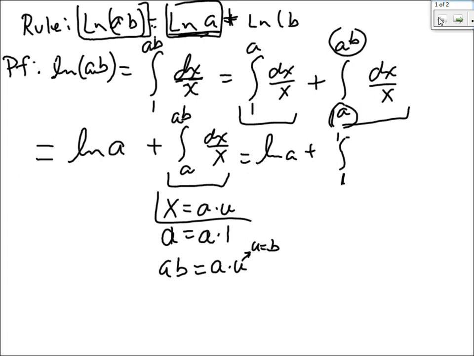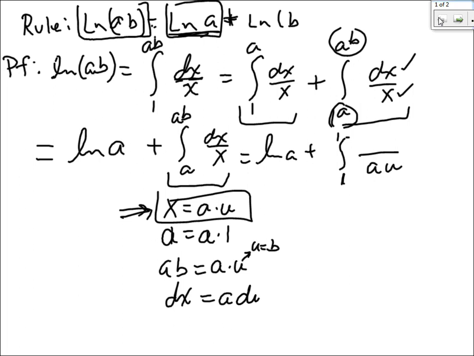Now let's look at what dx is, because I need to have x on the bottom, and I know x in terms of u. So I take the differential with respect to x on the left and with respect to u on the right, and I get that dx can be replaced with a du.